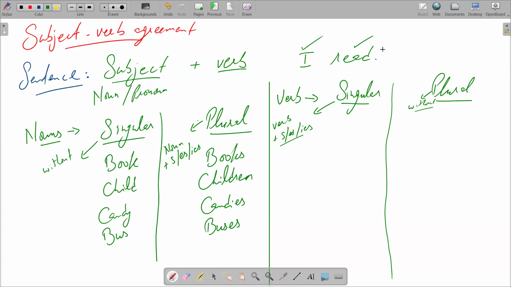For example, you've got read, right? And so the singular will be reads, the plural will be read, and we'll do some sentences and that will make more sense.